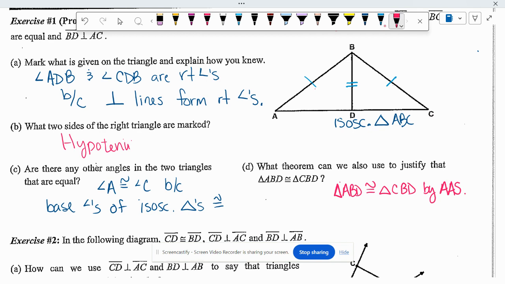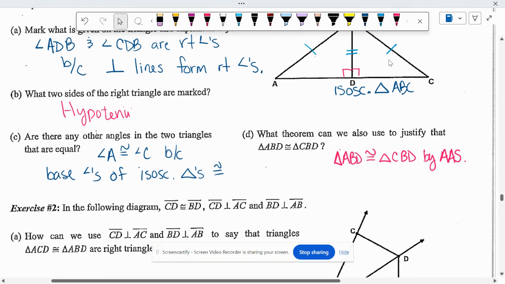This is a hypotenuse, this is a leg, and we already have two right angles. So we know that we can use the hypotenuse leg theorem as long as we have a right triangle, okay? So that's the proof that the hypotenuse leg theorem works, okay? Does that make sense? All right, let's keep going.